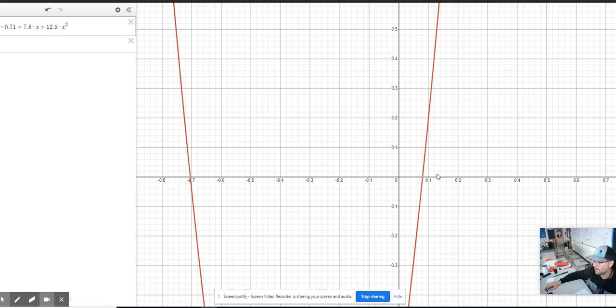And I want to grab my positive number, and I get basically 0.08 meters as my solution, where I have a 0 on this graph. And so that's my answer, 0.08.